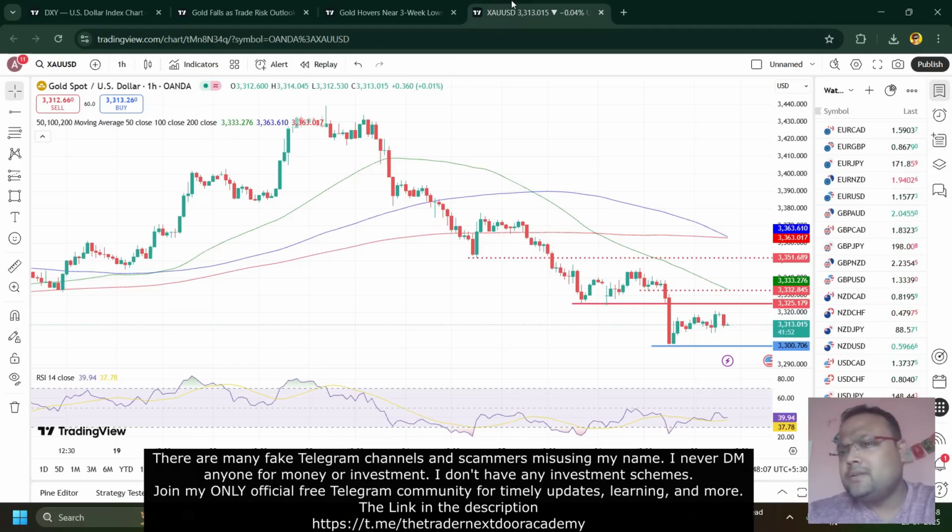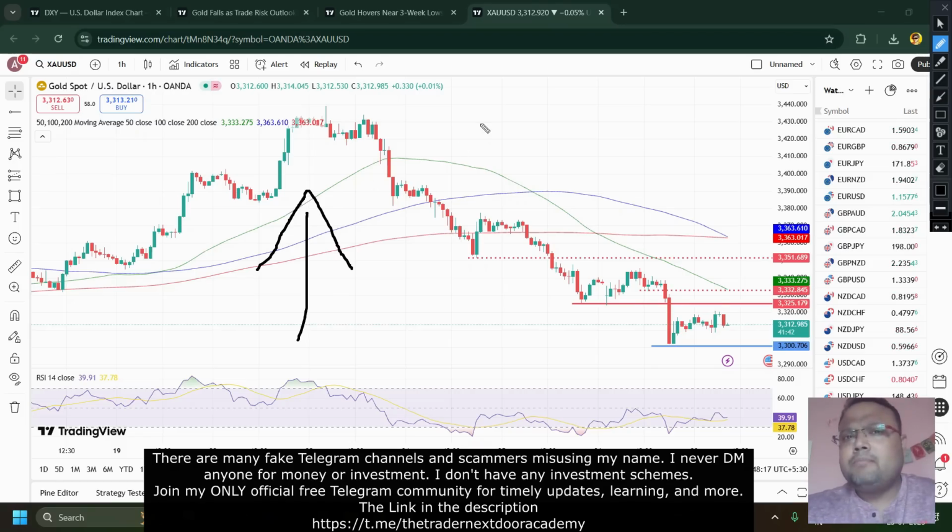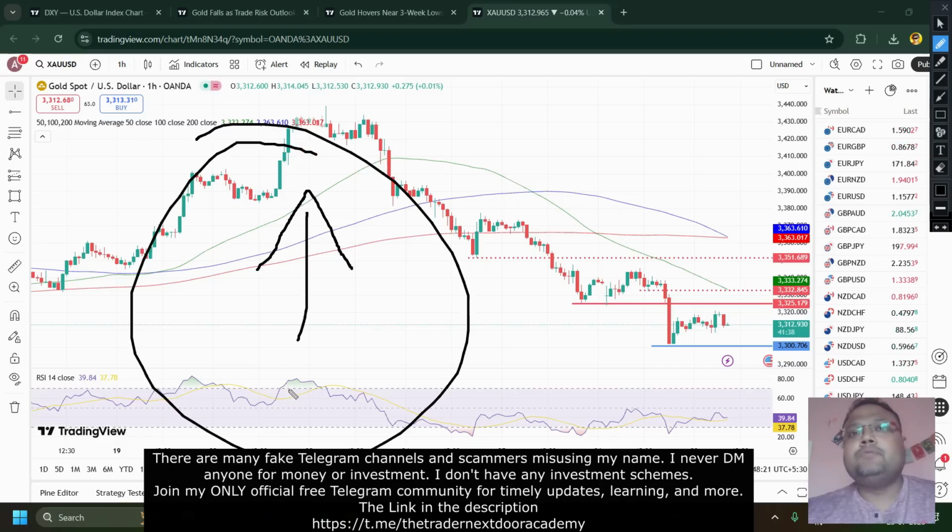My dear friends, you must know that the market gets direction from the fundamentals. If a market is bullish, there must be a reason. Market doesn't go up without any reason, and it doesn't go down without any reason. The market was bullish because of the trade war threat.